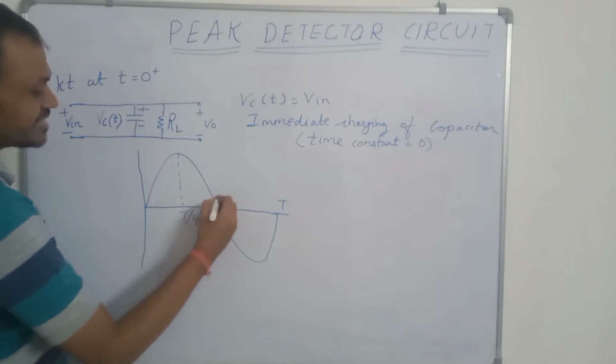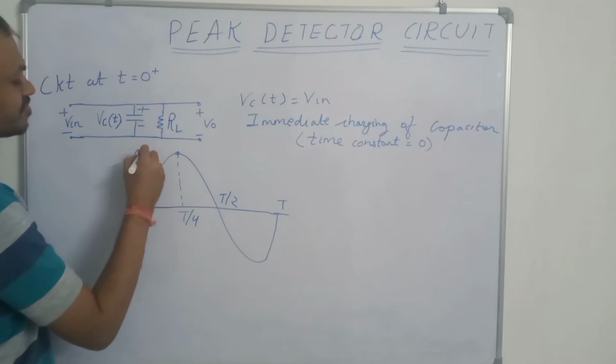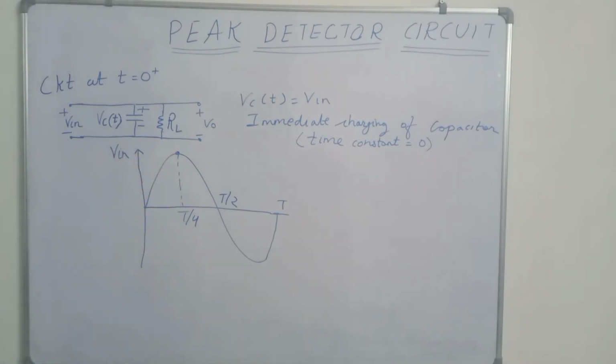This is time T by 2. The maximum value of Vin will occur at time T by 4, because the whole waveform is of time duration T.